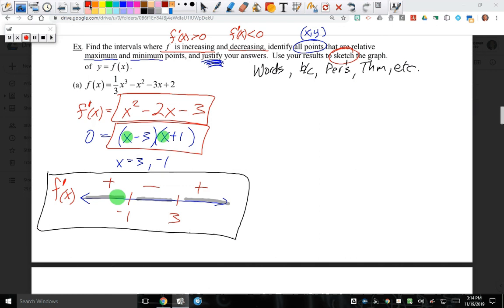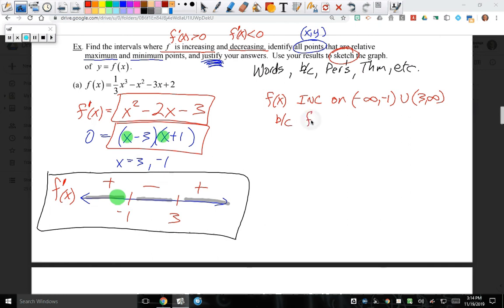We're going to say f prime of x, or sorry, that's wrong. F of x increases on what? Yep, negative infinity to negative 1 union 3 to infinity. That was important, but what's more important is because what?